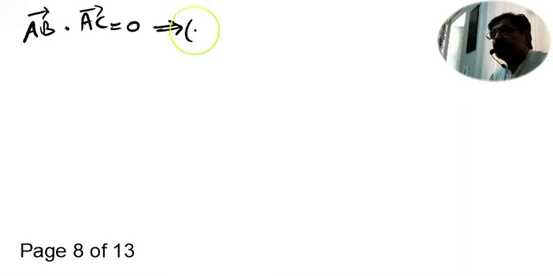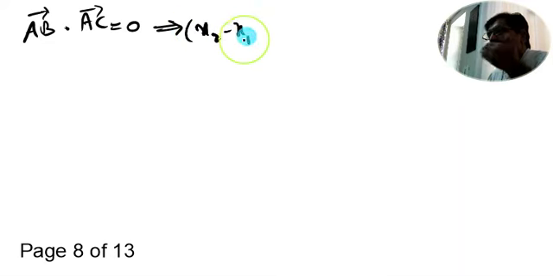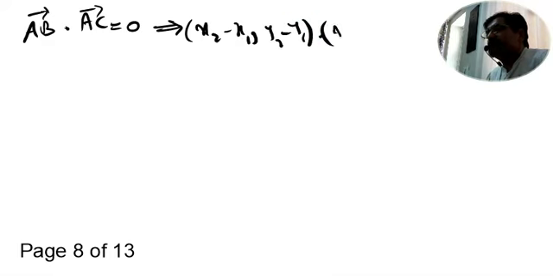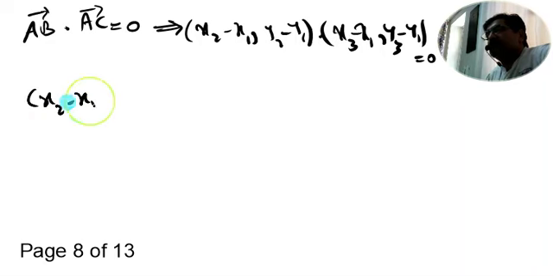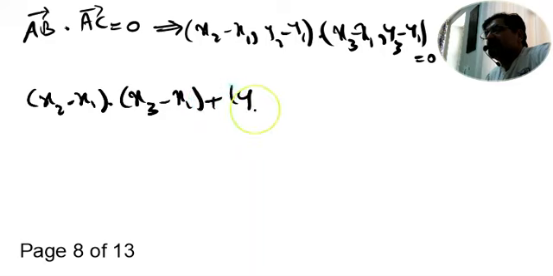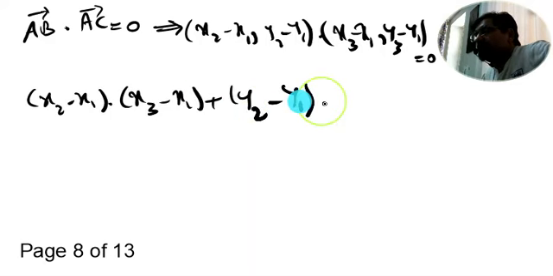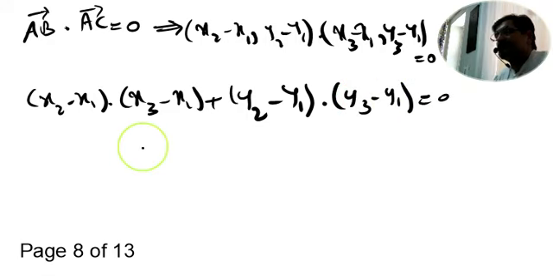So (x2 minus x1, y2 minus y1) dot (x3 minus x1, y3 minus y1) must be 0. By the first definition of inner product, x2 minus x1 times x3 minus x1 plus y2 minus y1 multiplied by y3 minus y1 equals 0.